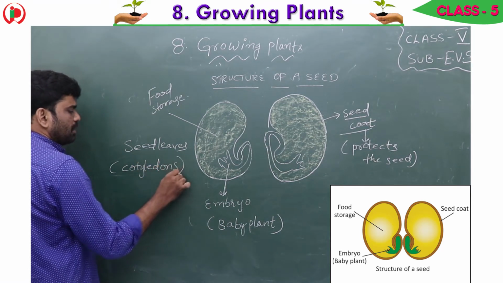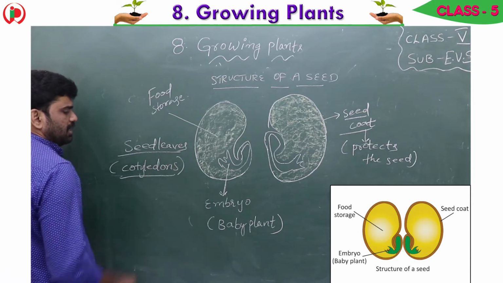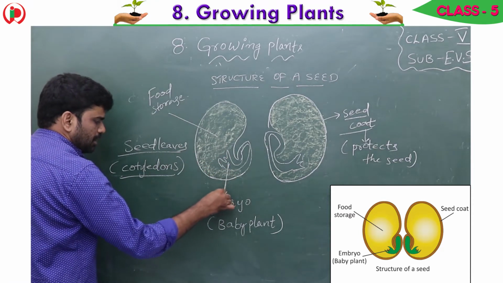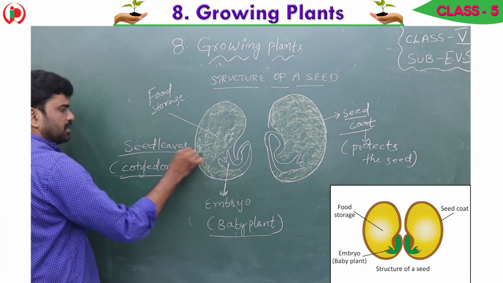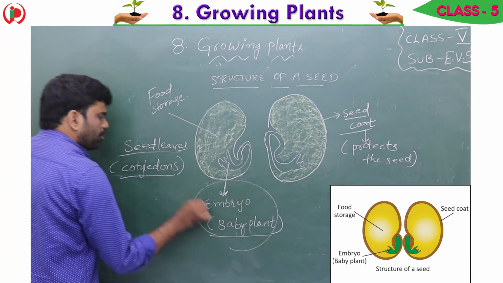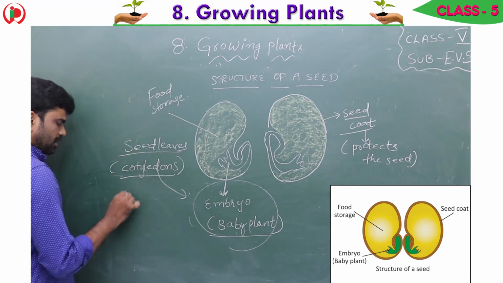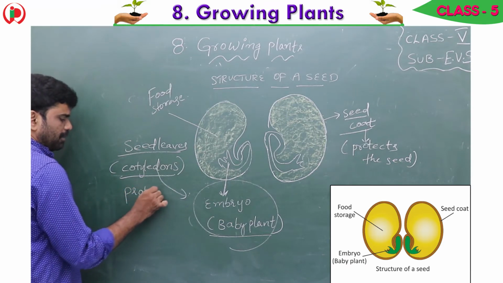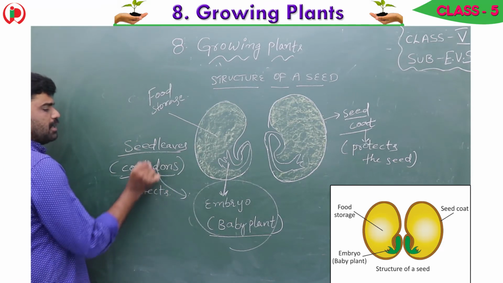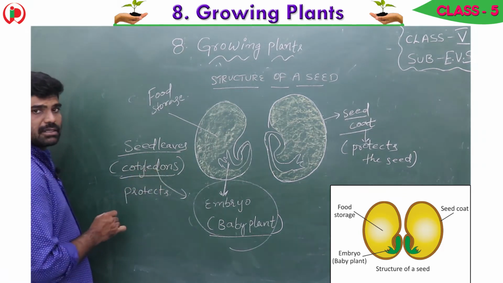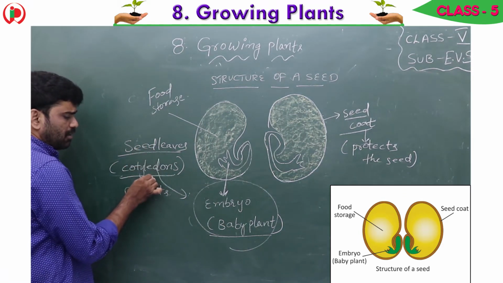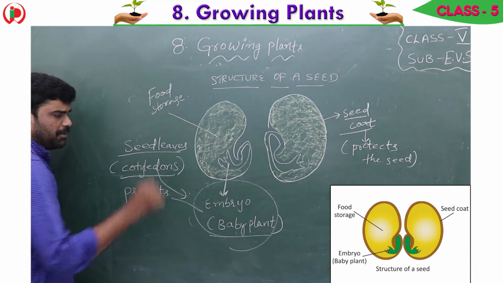What will these seed leaves do? So this is the baby plant, no? This baby plant is protected by these cotyledons or seed leaves. That means seed leaves or cotyledons protect the baby plant.